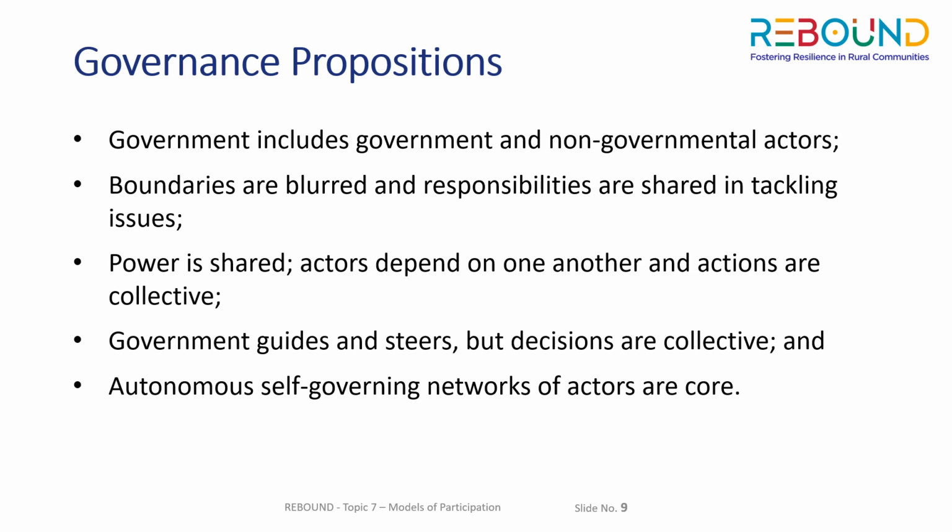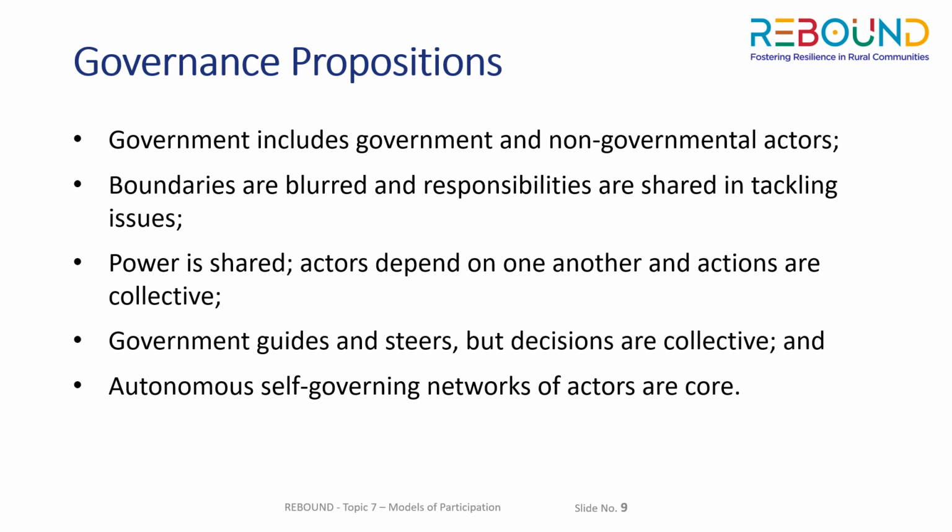We know that in good governance, boundaries are blurred and responsibilities are shared in tackling issues. That relates to the consensual decision making. So boundaries are blurred, and that's a good thing. It can be challenging. It means that organizations move away from their silos and they begin to work with other actors. Power is shared, actors depend on one another, and actions are collective.